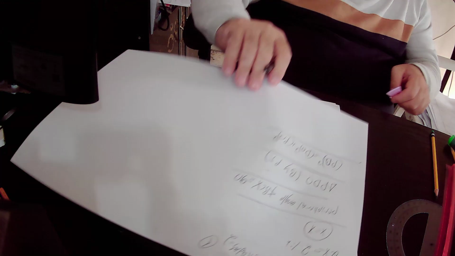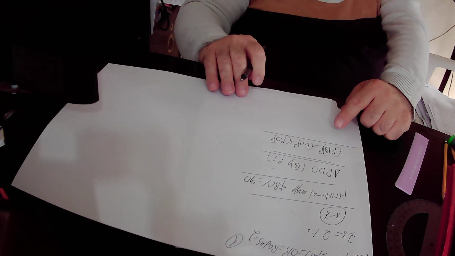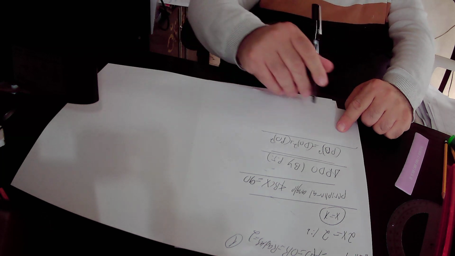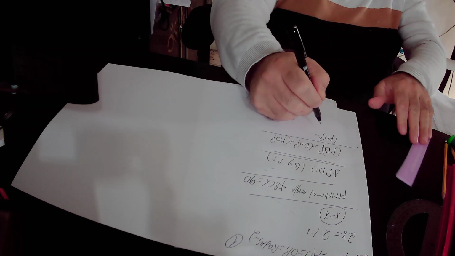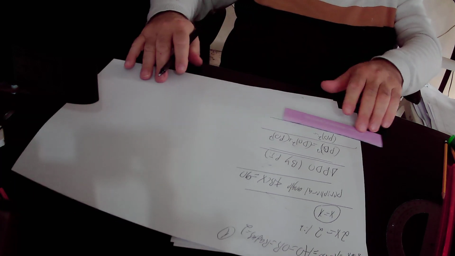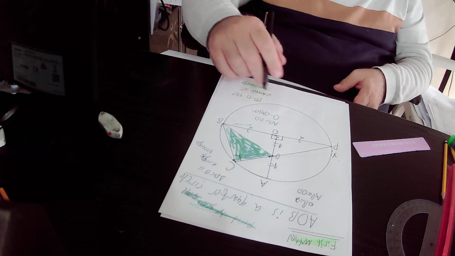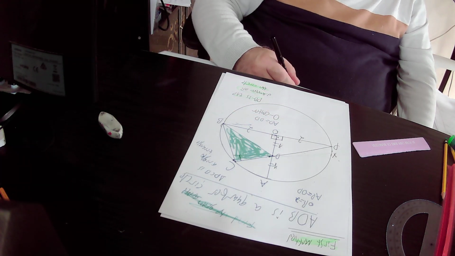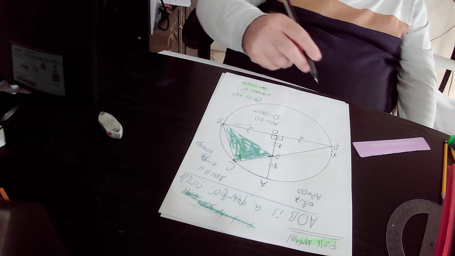I'll repeat again, in the right triangle, triangle PDO, according to the Pythagoras theorem, PD square equals to DO square plus PO square, so PD square equals to here DO equals to 1, so DO square is 1 squared, that is 1, plus PO square.